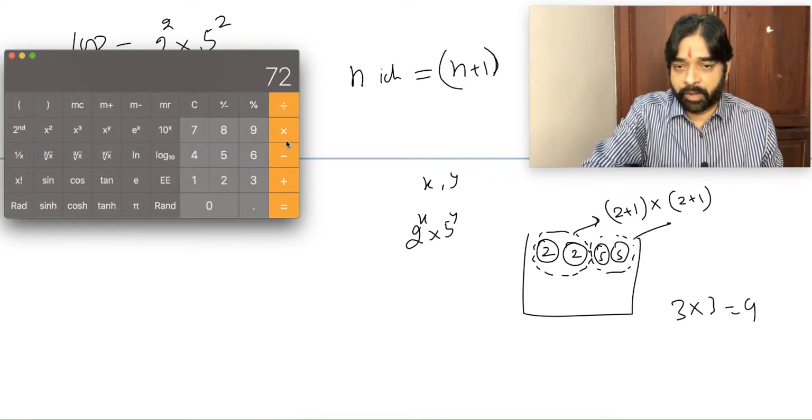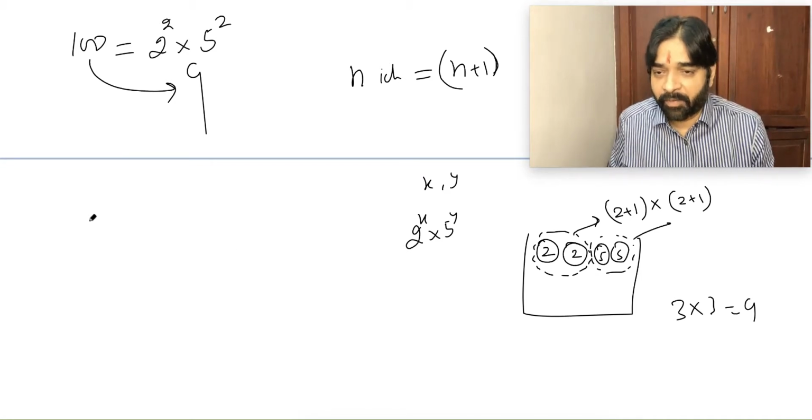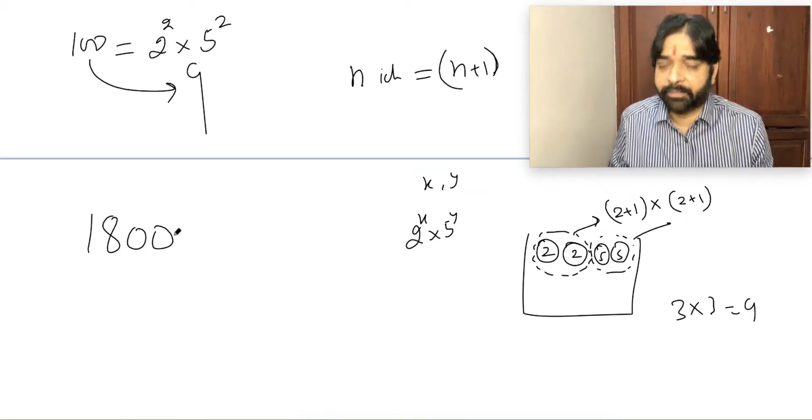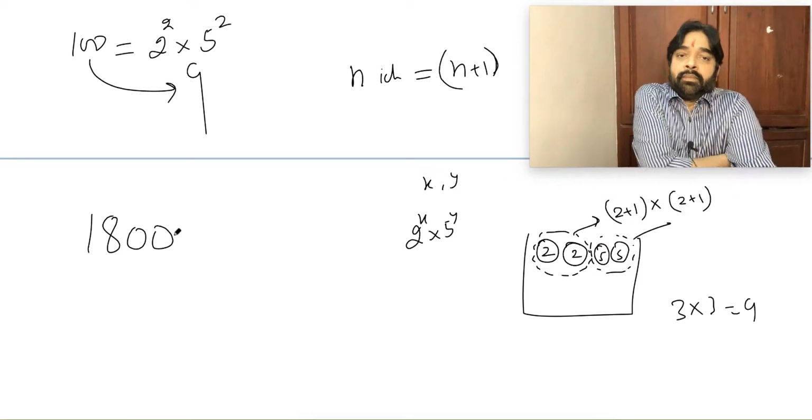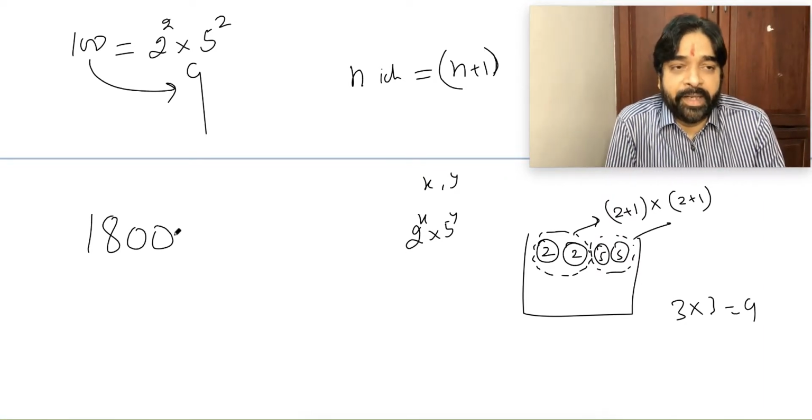I will use the calculator. Find the number of factors of 1800.